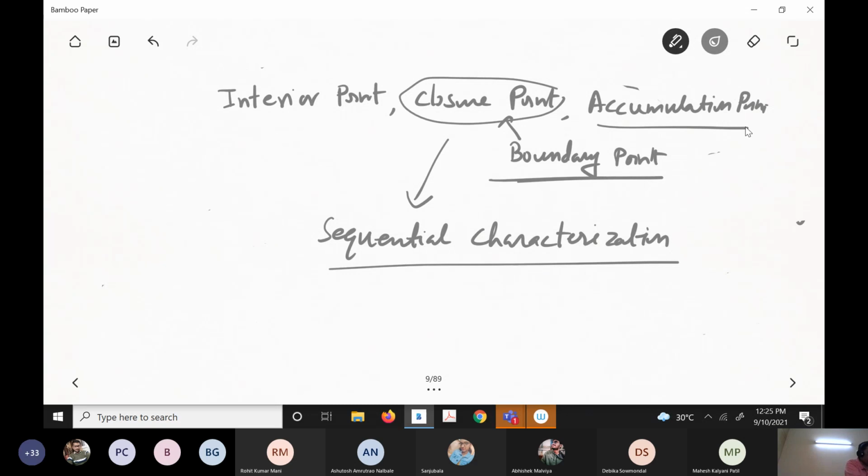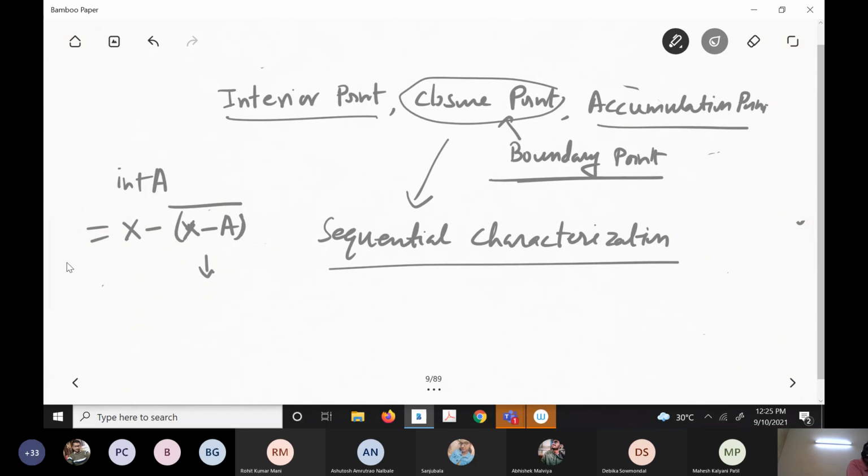Interior points are not that much required, though you can still use them, because the interior of A is X minus the closure of X minus A. You just take the complement. So ultimately you need this characterization of closure points.